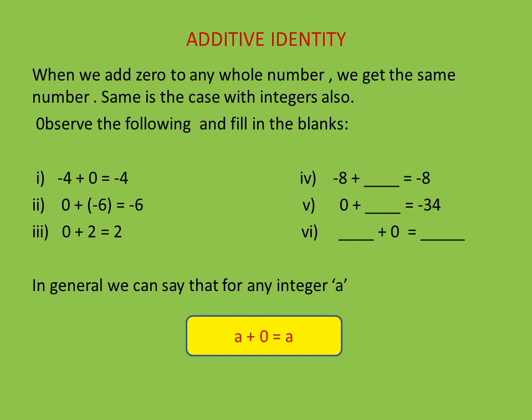In the sixth, there are 2 blanks and 0 is added on the left hand side to the number which we have to find. Here we are free to give any number. Just one thing has to be kept in mind, that both the numbers will be the same because the number is getting added with 0. So the identity will never change.